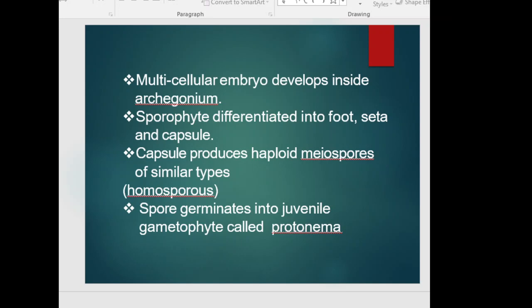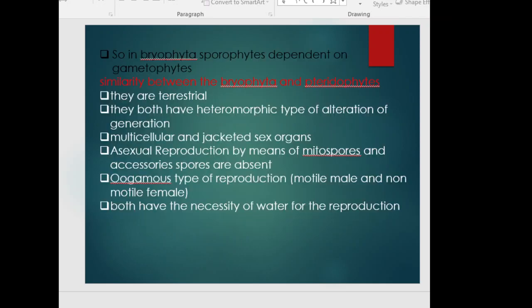They show hygroscopic movements. Basically spores are homosporous and they will germinate into the juvenile gametophyte, which is called protonema. One of the most important characters is that the sporophyte of bryophyta is dependent upon the gametophyte.